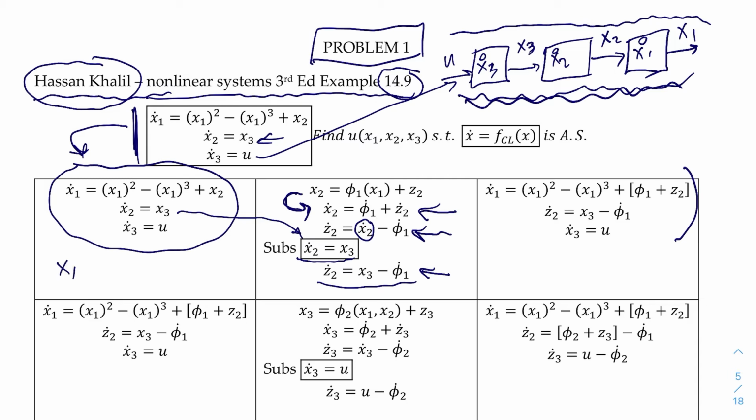So the variables are x1, x2, x3, and now the variables are x1, z2, and x3. Just don't say phi1, because phi1 is a function of x1. Again, phi1 dot is also a function of x1 and z2.